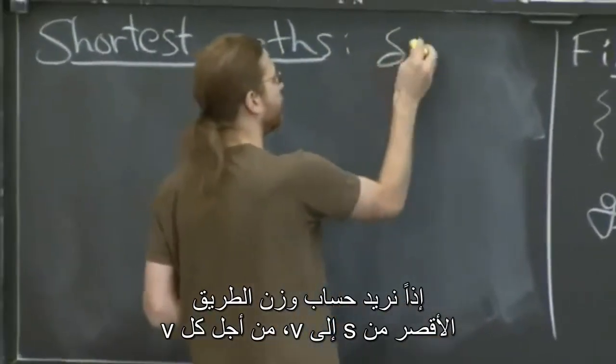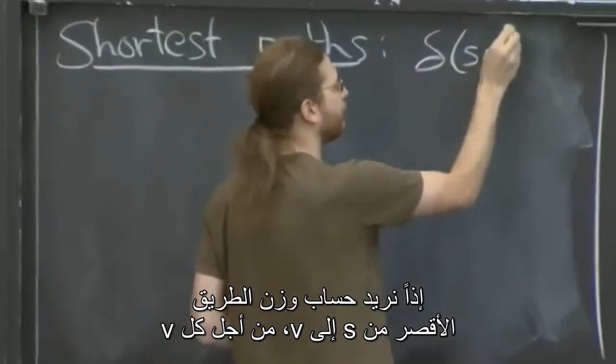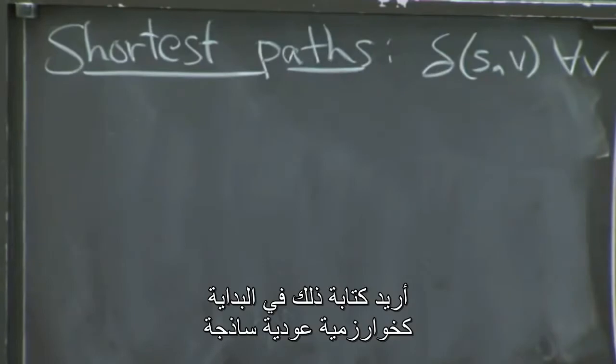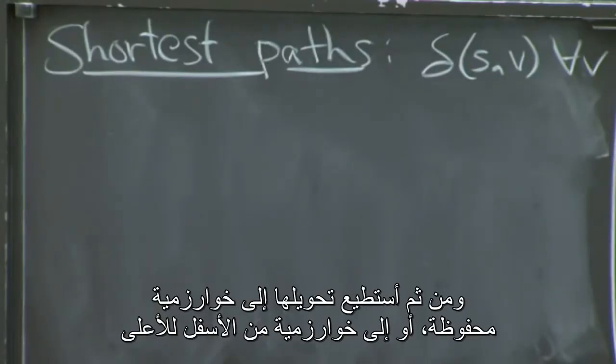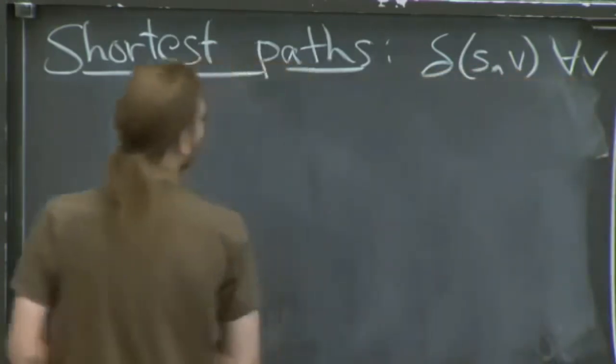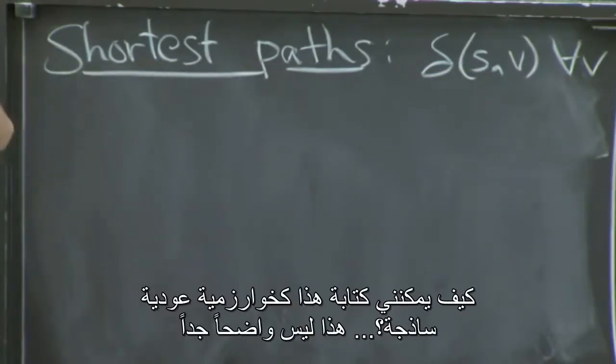So we want to compute the shortest path weight from S to V for all V. OK, I'd like to write this initially as a naive recursive algorithm, which I can then memoize, which I can then bottom-upify. I just made that up.